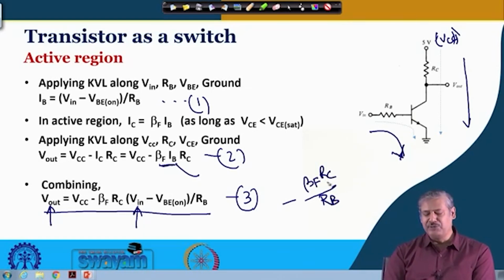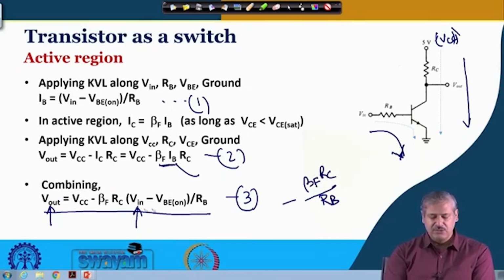In that case we would like to have RC more compared to RB, an increase in RC. But we shall see later, if we increase RC, then the circuit's current delivery capacity, the IC part of it, gets reduced, which makes it difficult for the circuit to get connected to many other circuits. That particular thing we shall see today. When you talk about design, there is always a trade off.